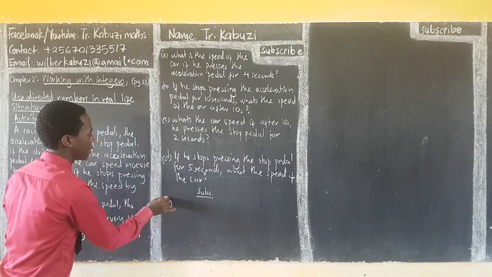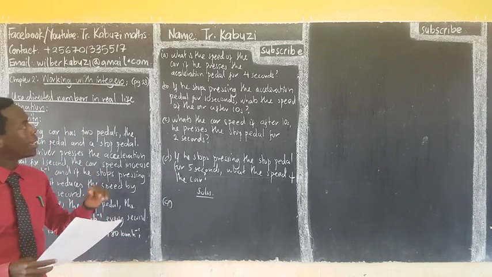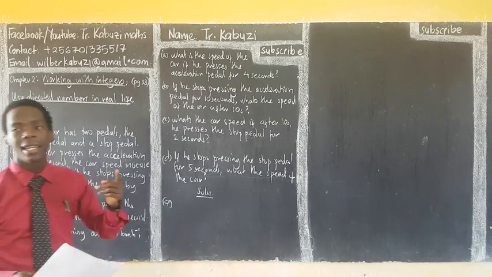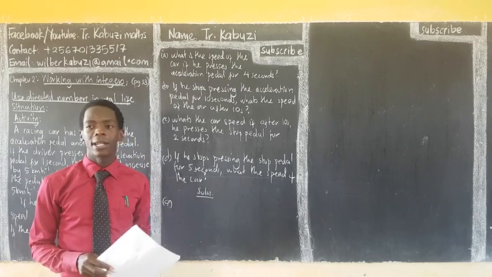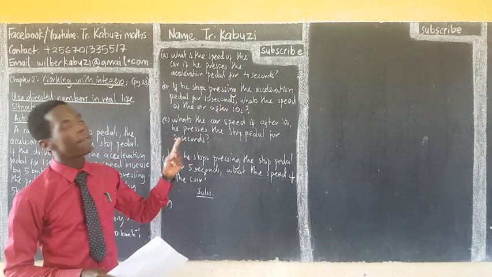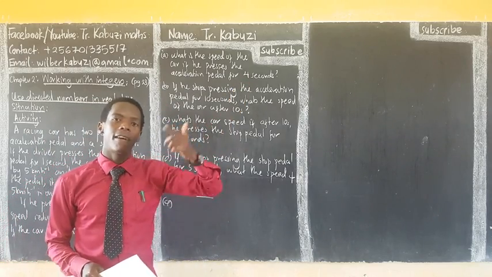Now group D has said, if he presses the acceleration pedal for 1 second, the speed is increasing by 5 kilometers per hour. Now, it's pressing it for 4 seconds. It means for every second, it is increasing by 5. What will be the speed after 4 seconds?